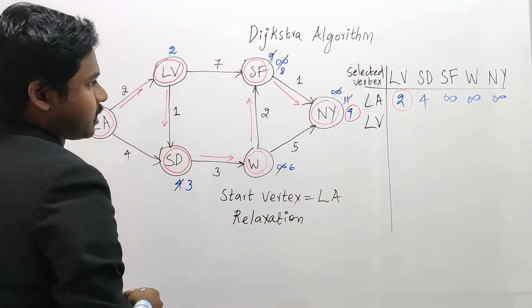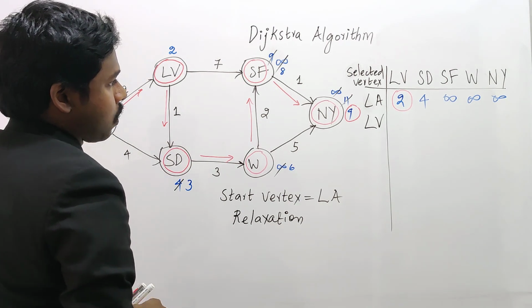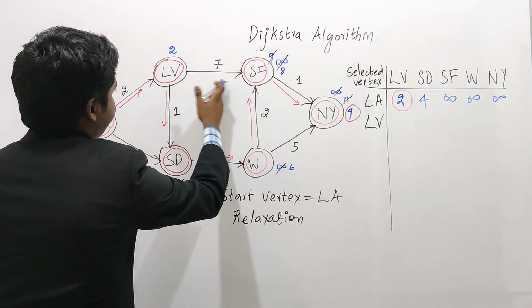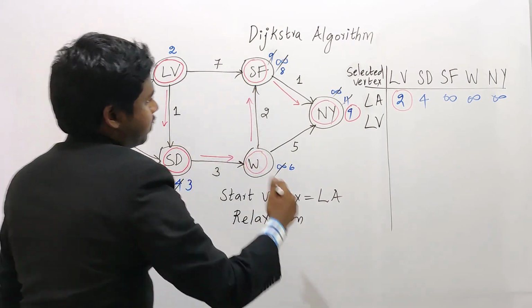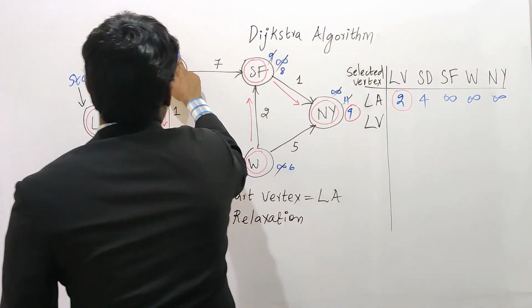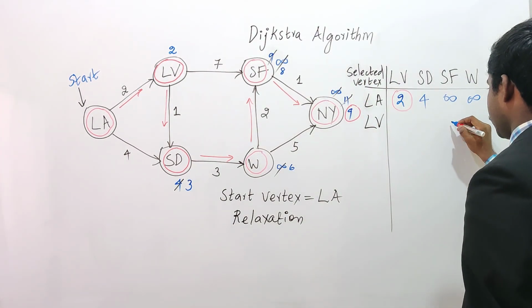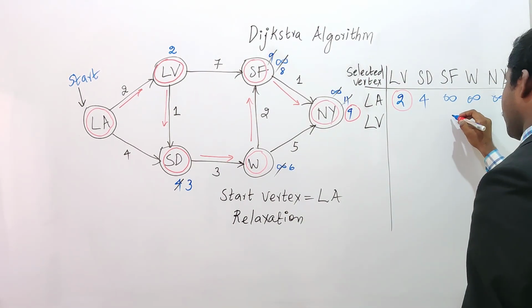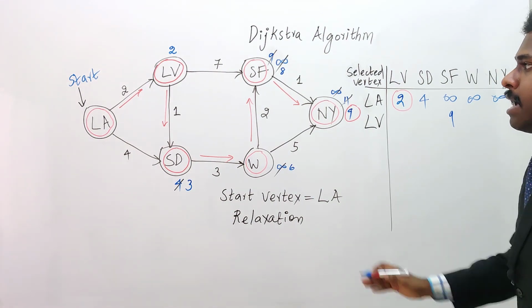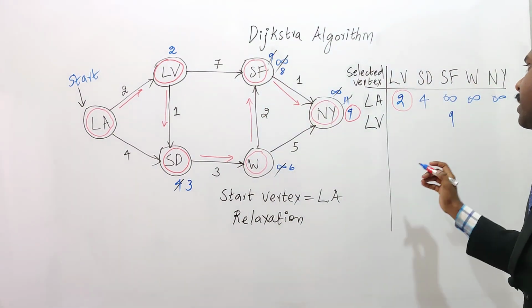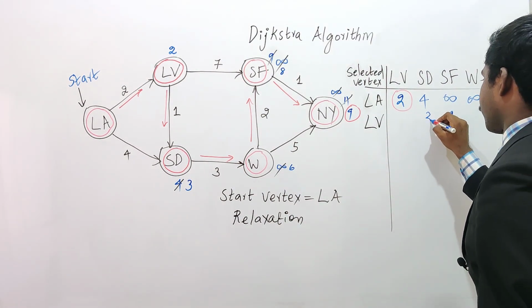So we have to take the shortest path, and so from Las Vegas to San Francisco, we took the path which will be 9. So 2 plus 7 is 9, right? So from Las Vegas to San Francisco, it will be 2 plus 7, which is 9. Okay, and from Las Vegas to San Diego, it will be 2 plus 1, which is 3. So San Diego will be 3.